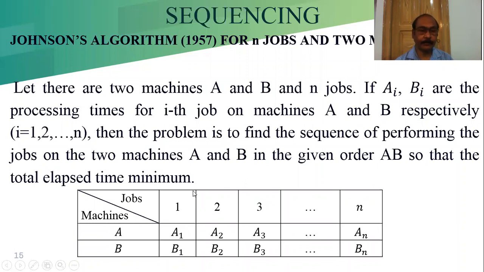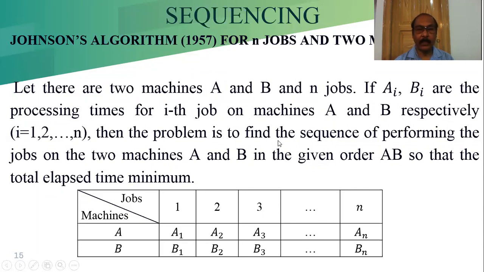Like that, job Ji passes through machine B, that time is Bi. That's why Ai and Bi are the processing times for the ith job on machines A and B respectively, i equal to 1 to n.